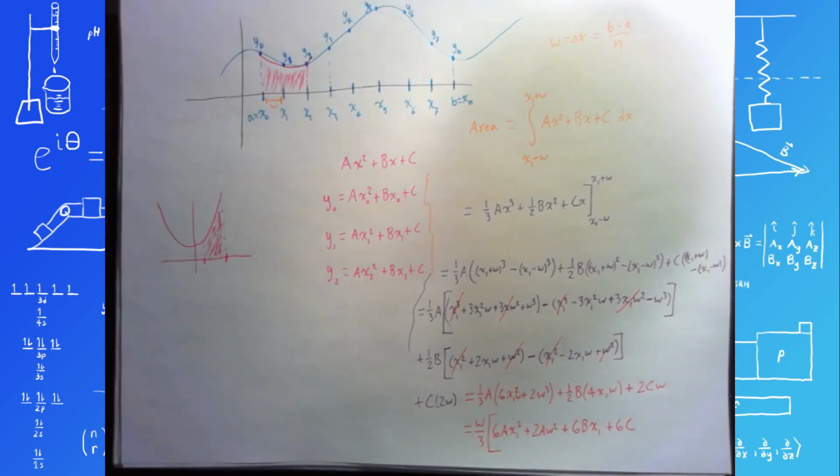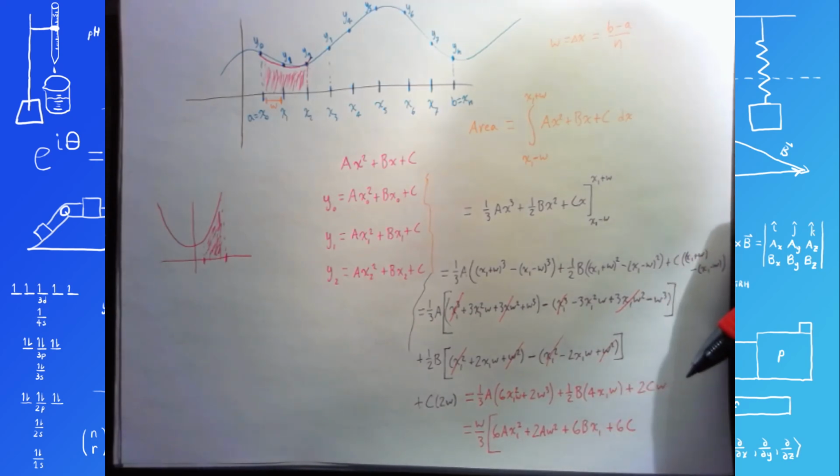Did I do all my math right? I feel like I may have messed up a step somewhere here. Let me actually check my other solution. Where did I put it? Oh, I stuck it in a book. Where did I put the book? Oh, there's the book. Let me double check my previous solution and make sure that I'm still on track.